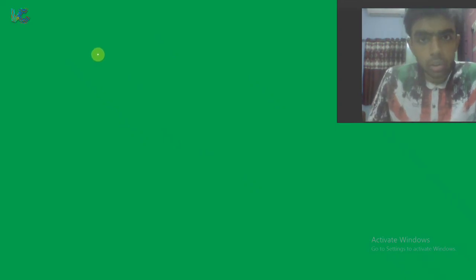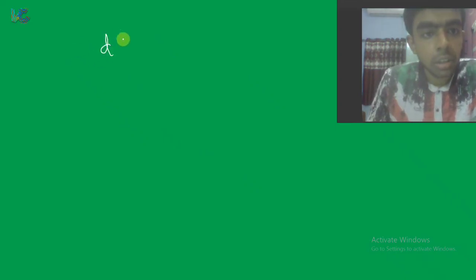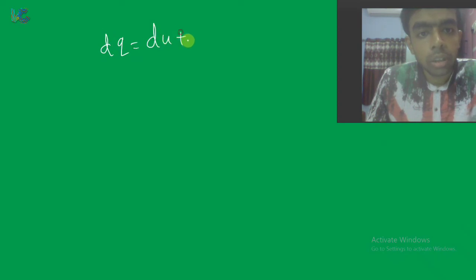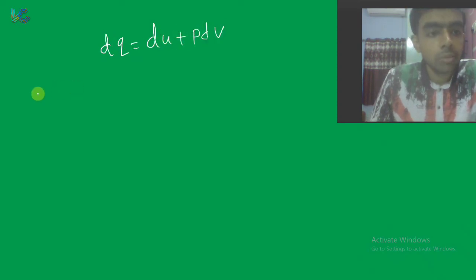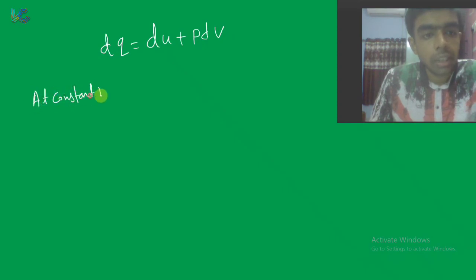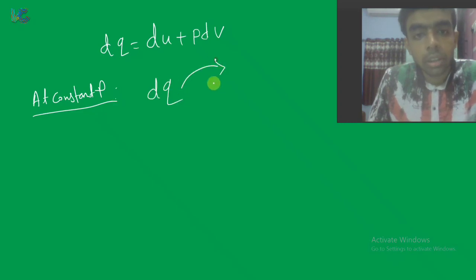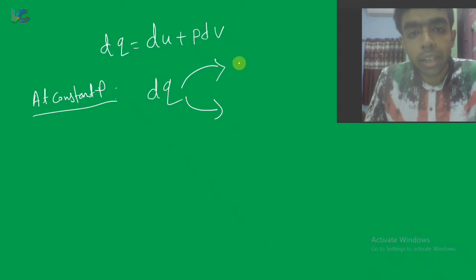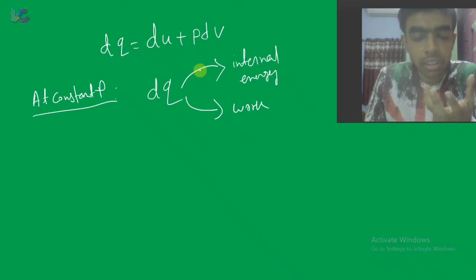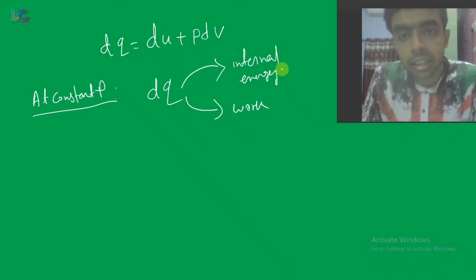Now according to the first law of thermodynamics, you have dq is equal to dU plus pdV. When the pressure is constant, dq is distributed into two parts, to make a change in internal energy and to do some work. This change in internal energy will lead to change in temperature.